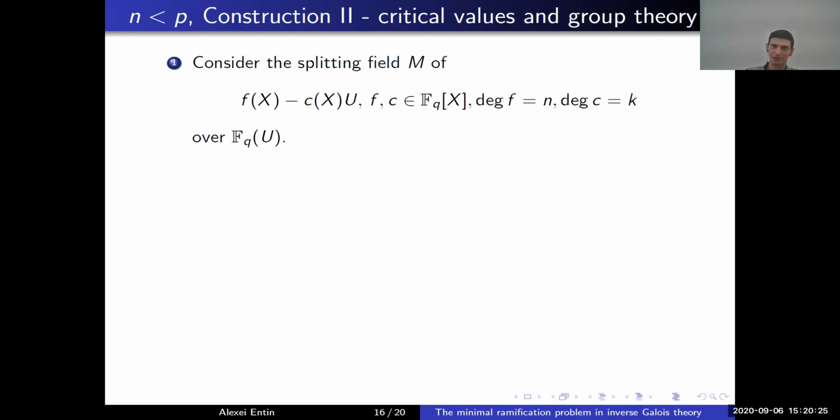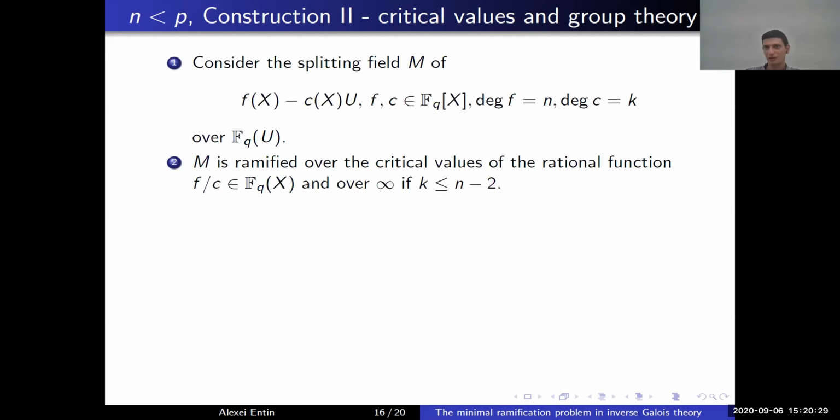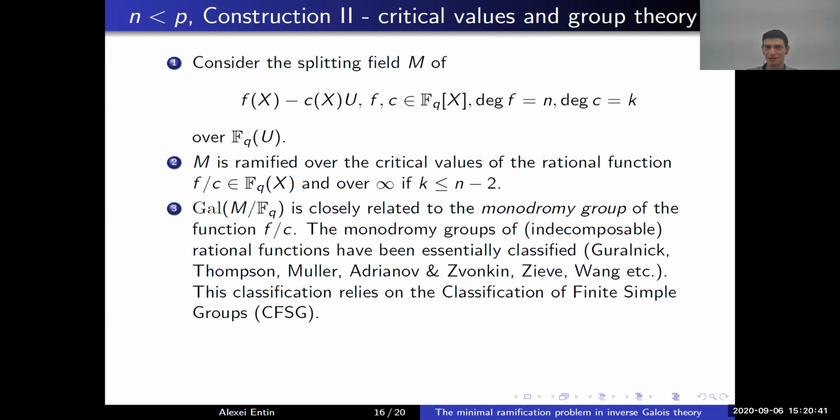So somewhat similar to our previous construction. And now we know that M is ramified over the critical values of the rational function f over c. Okay, so this is a simple exercise to see this. Now, the Galois group of M over F_q is closely related to the monodromy group of the rational function f divided by c, essentially this monodromy group under some conditions.